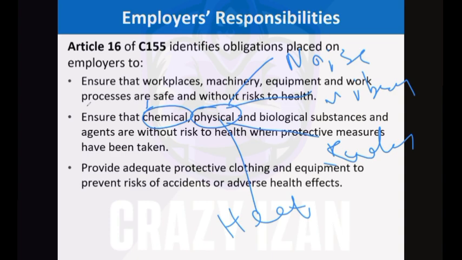If the employer has not taken any steps to protect the workers against noise, it means he is not meeting his legal responsibility and is not in compliance with the law. He is in contravention of the law, contravene.